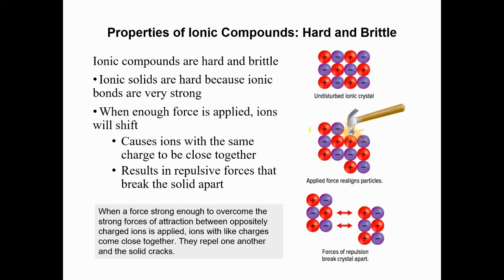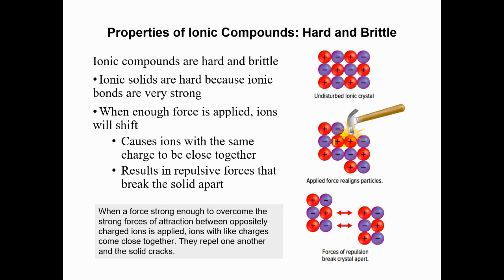Now, you can break apart this lattice structure, but it requires a tremendous amount of force, in which you would then realign the particles here. And you can see with this example, with the little highlighter, that if you apply enough force, you can eventually realign those particles so that like charges are beside each other. And when you do that, they will then have a repulsive force to help push it apart.